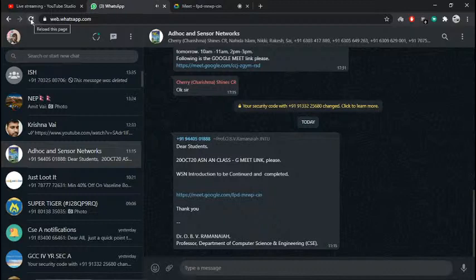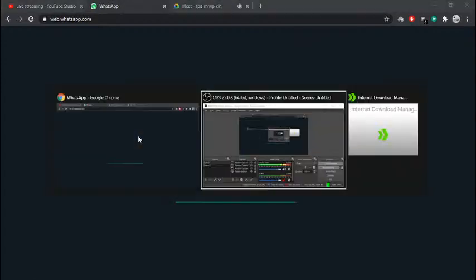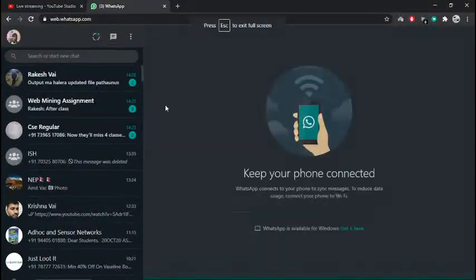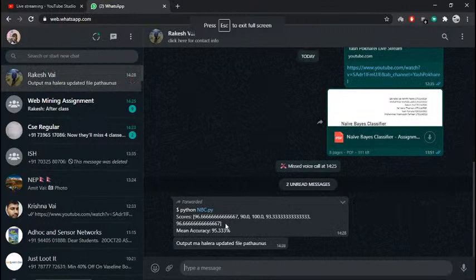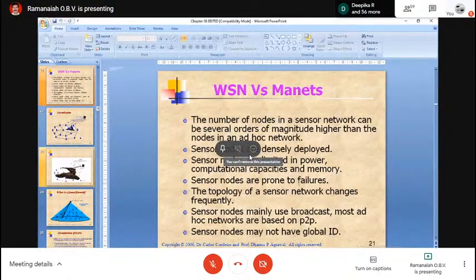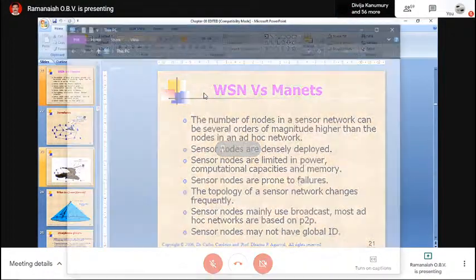Third point, sensor nodes are limited in power, computational capacities and memory. That is, the WSN is a highly resource-constrained environment. Why is it so? They are very tiny.